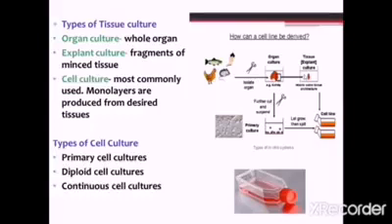In explant culture, fragments of minced tissue are taken. And in the case of cell culture, there is a proper method of forming monolayers.